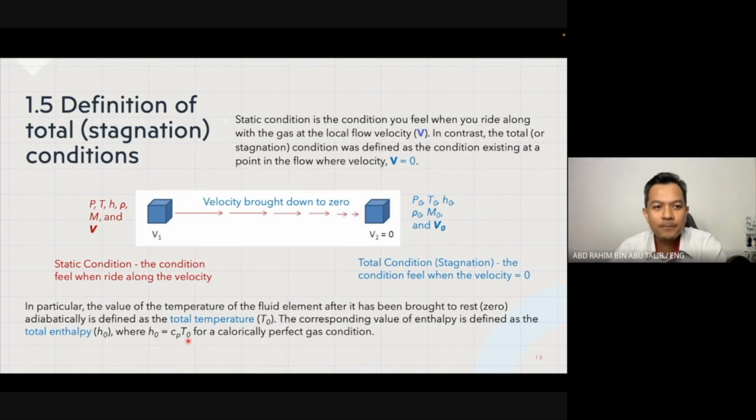I would like you to really understand this basic diagram, V1 to V2 for movement to stagnant condition. T0 is the total temperature, H0 is the total enthalpy, and H0 equals cp times T0, the specific heat capacity at constant pressure times the total temperature. And this is only applicable for a perfect gas.